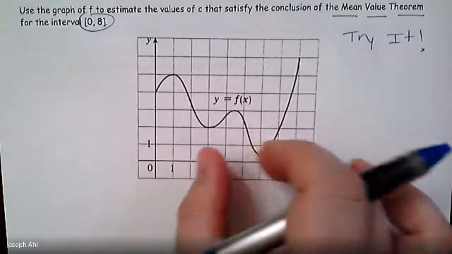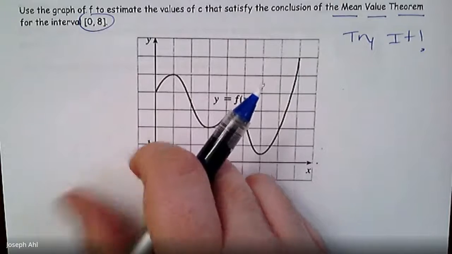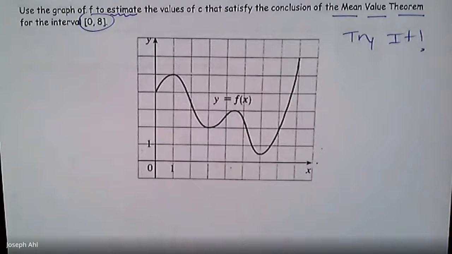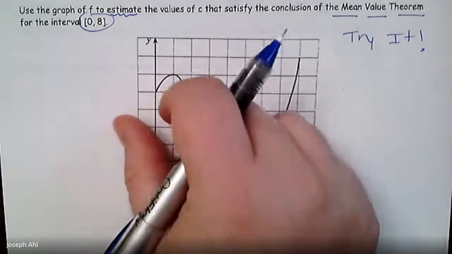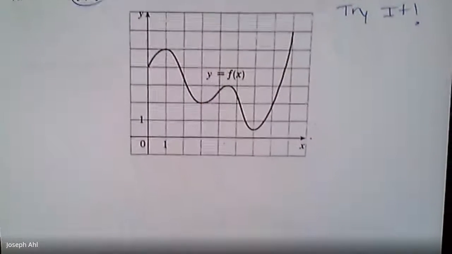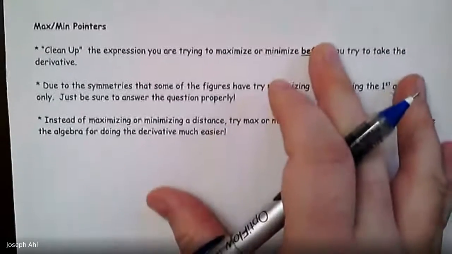How many points would that happen at over the span of 0 to 8 on this function? And it does say to estimate. So you're not going to necessarily be able to come up with exact values, but do your best to come up with some estimates as to values of c that would satisfy the conditions for mean value. Gave you a lot of hints about that one. Hopefully that's enough for you to be able to try that one on your own.